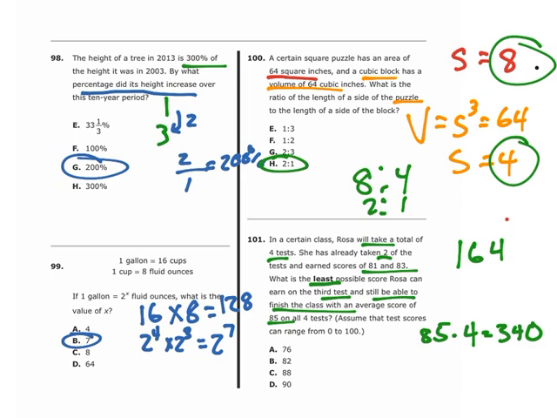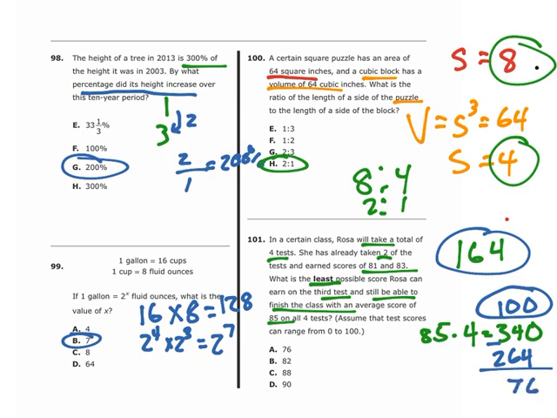Now, what is the least she can get now? Well, the assumption then, I guess, is that on the 4th test she's going to get 100. So she wants to basically do as bad as she can and still leave herself the possibility to get 100 and to get her 340 points. So if she has 164, and if she can get 100 on that test, she'll have 264 points. Meaning the bare minimum she has to get now is 76.